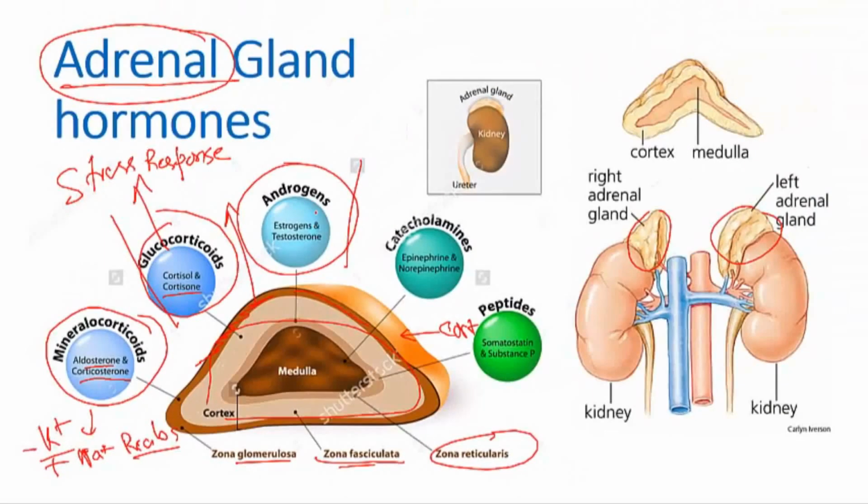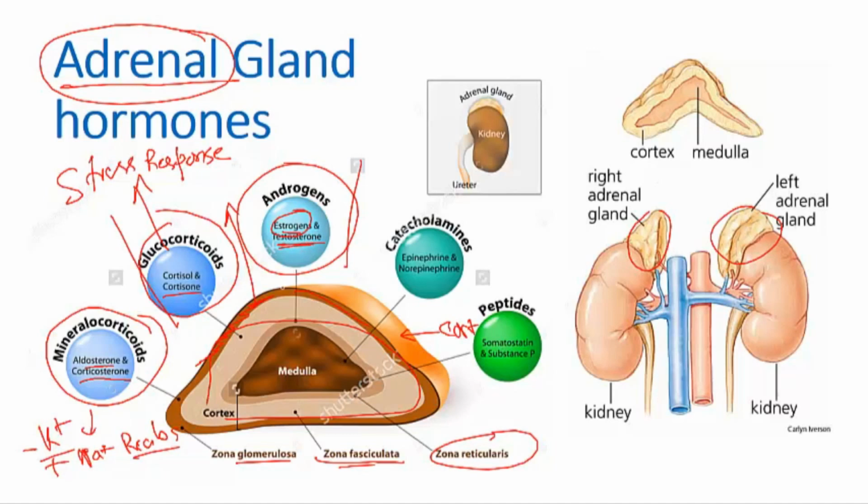The androgens, like estrogen and testosterone, are also developed from here. These androgens stimulate the start of different hormones in early puberty and control the female sex drive, because the cortex carries both estrogen and testosterone. Testosterone regulates the sex drive in males as well.